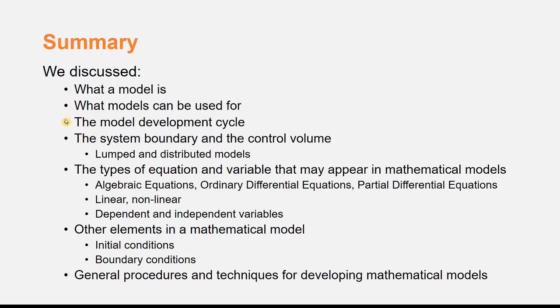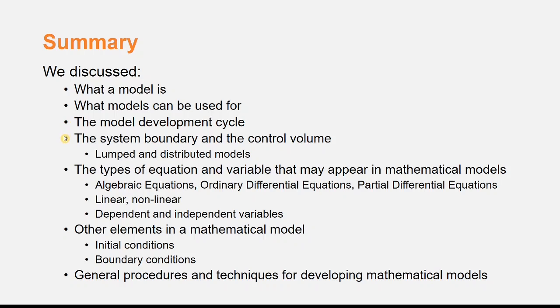We described the model development cycle, how to go from observations of physical phenomena to mathematical descriptions, and how models need to be tested against experimental data to ensure they are predictive to the required level of accuracy. Once that's done, we can use them for a number of useful purposes, such as simulations or operator training, and optimization studies that you can use to design the equipment to get the best performance.